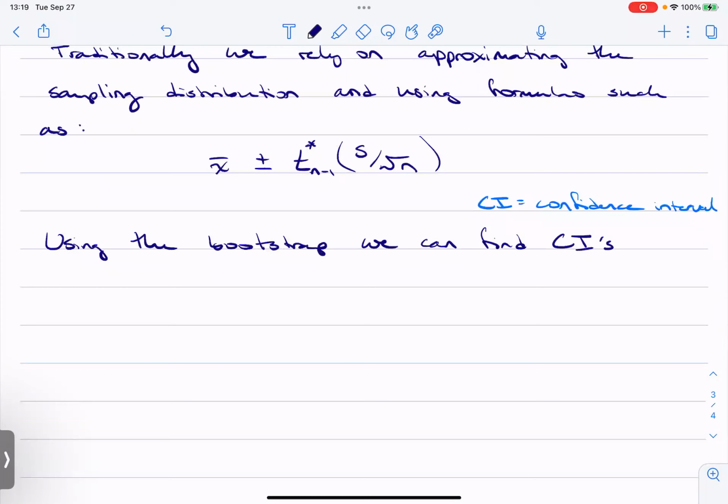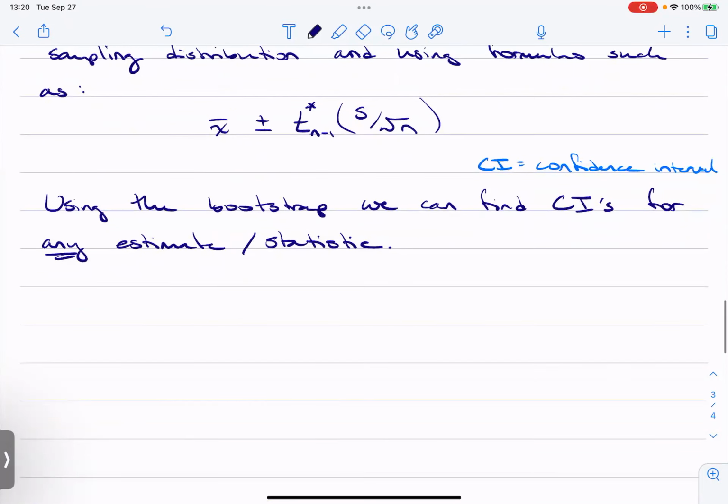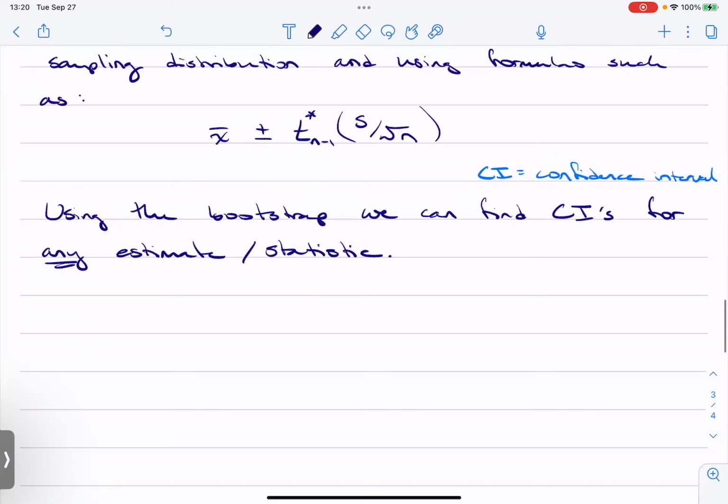So using the bootstrap, we can find confidence intervals for any estimate or statistic: X bar, P hat, whatever you want. How?